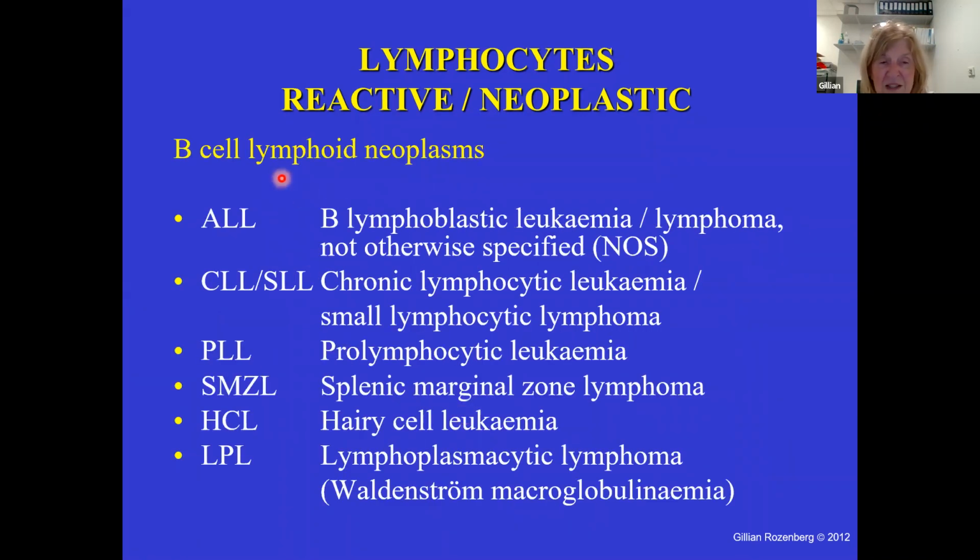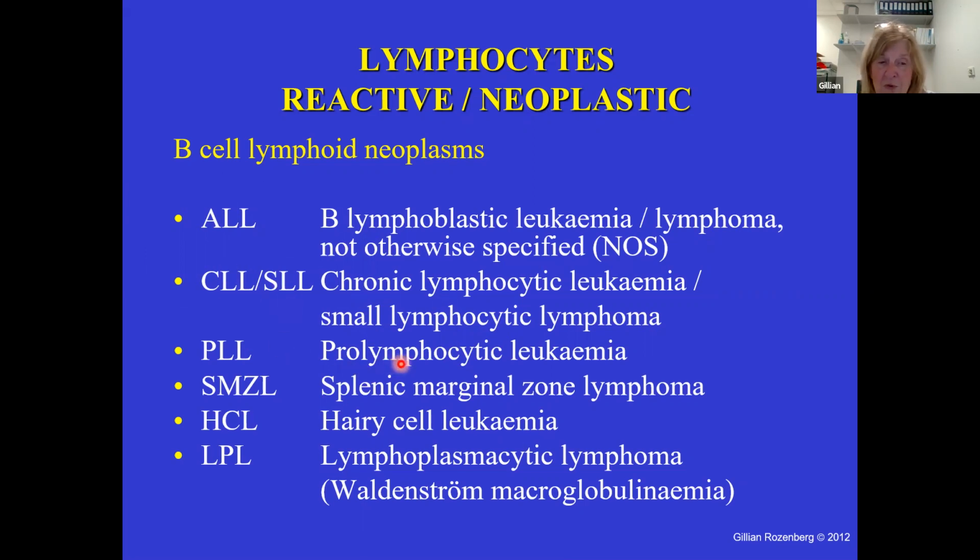So now I have listed for you all the B-cell lymphoid neoplasms, and this nomenclature will follow the latest WHO classification. So B lymphoblastic leukemia lymphoma, not otherwise specified, often shortened as ALL. Chronic lymphocytic leukemia, small lymphocytic lymphoma, which is shortened as CLL/SLL.